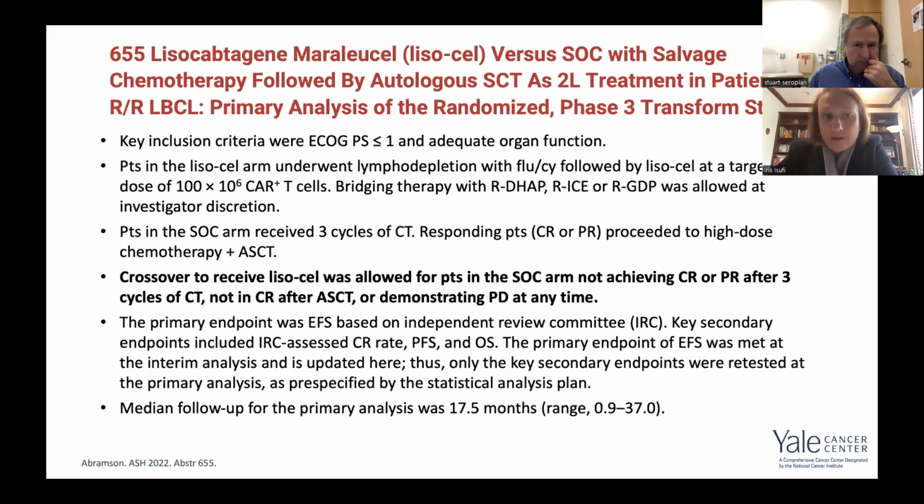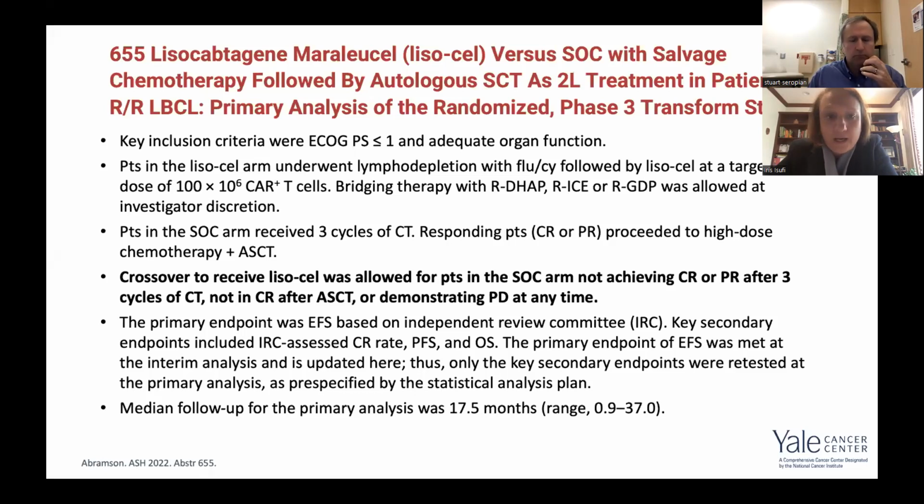So patients had a good performance status. The ones that were randomized to the standard of care arm who had relapsed were randomized to receive 3 cycles of chemoimmunotherapy. These were high-risk patients. They were patients who were either primary refractory to their first line or patients who had relapsed within 12 months of their initial therapy.